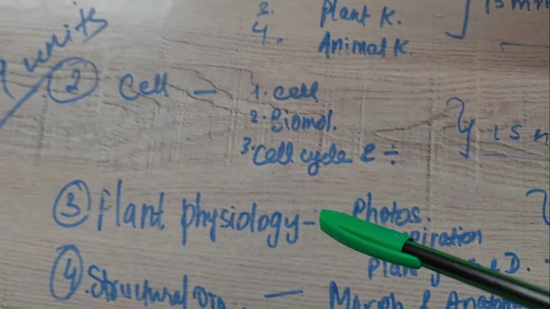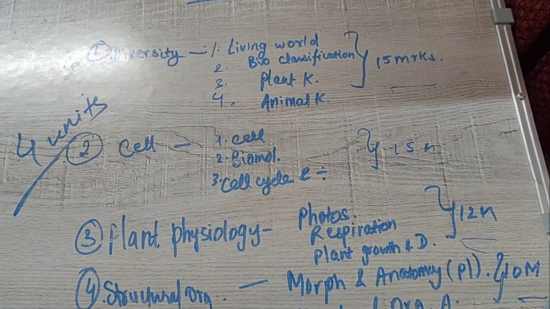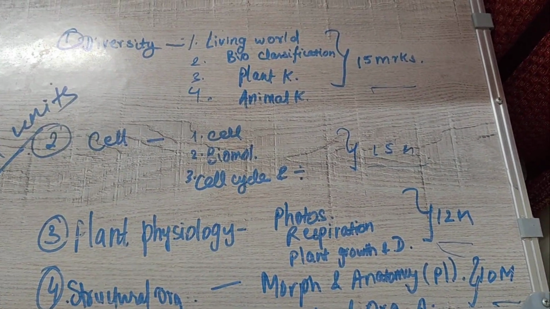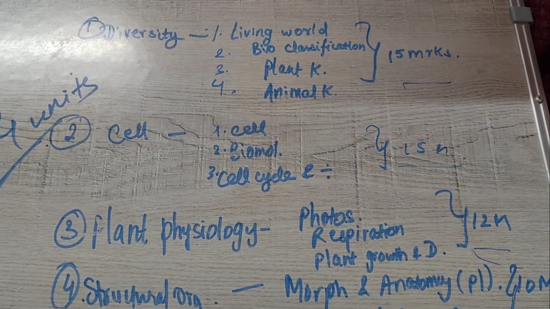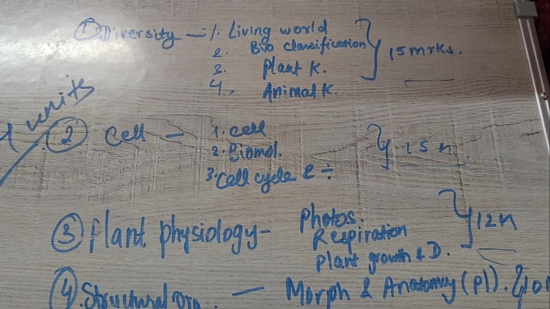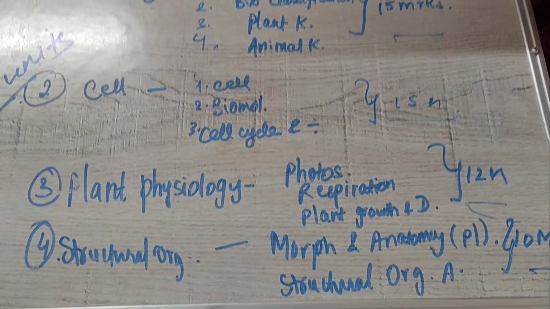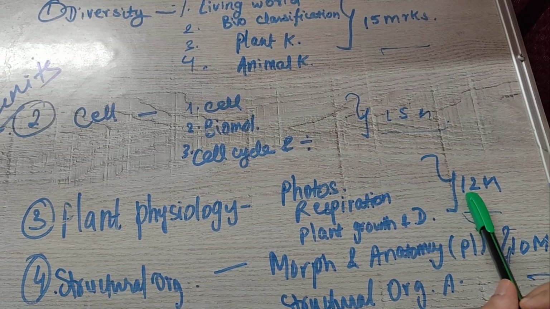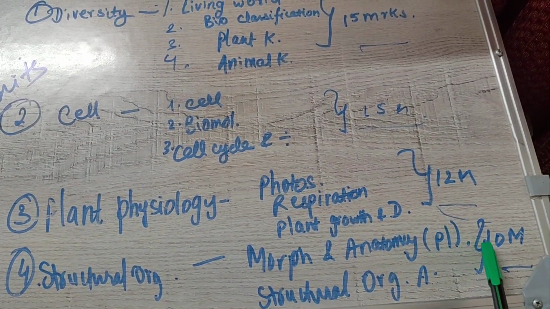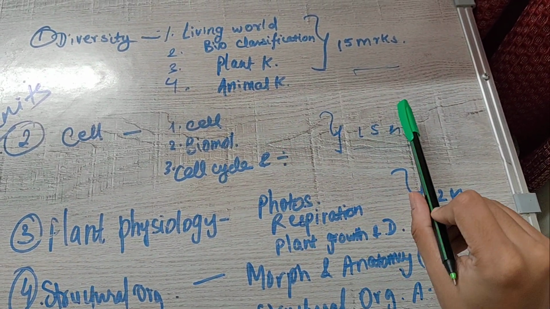Now if you look at it logically, all of these marks have been distributed. You'll feel like the first unit is super important. Yes, I agree, it is. Both the first and second units are, because there are 15 marks. But if you look at it closely, 3 chapters of 12 marks, 2 chapters of 10 marks, 4 chapters of 15 marks.